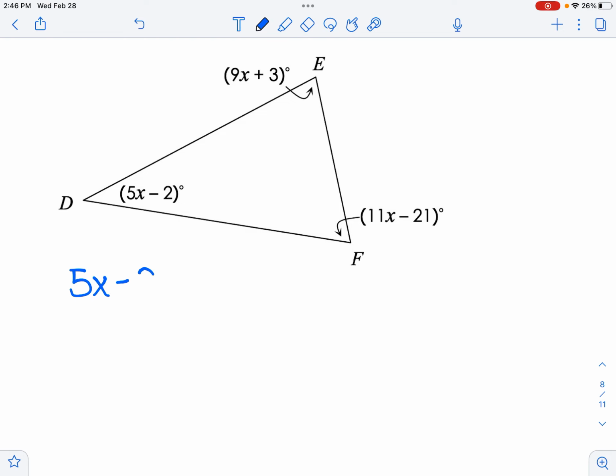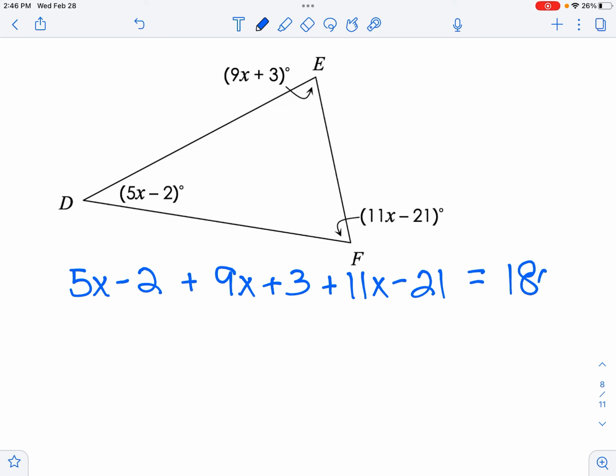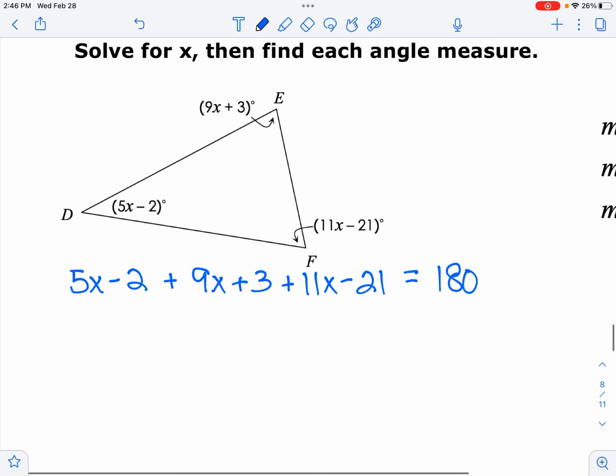5x minus 2 plus 9x plus 3 plus 11x minus 21. That has to be equal to 180. So as a reminder here, when you're solving this, you need to combine like terms before you start to actually cancel things out on each side. So that means I want to put together my x's first.